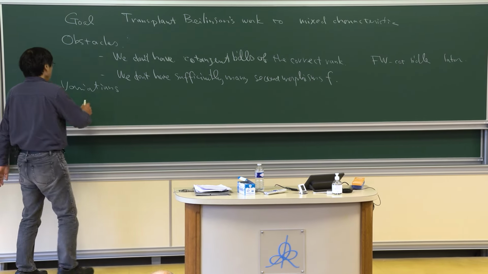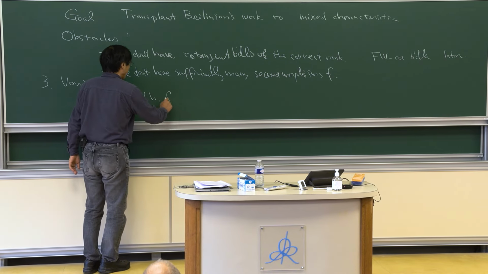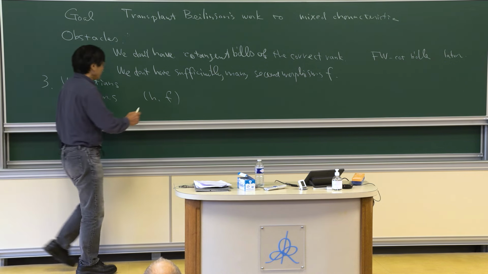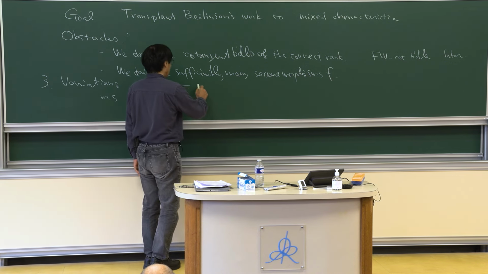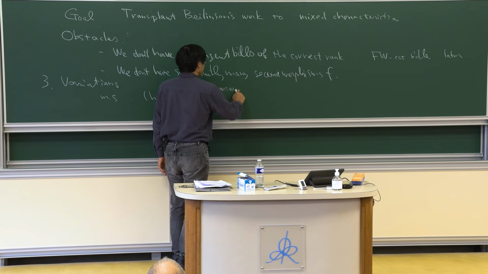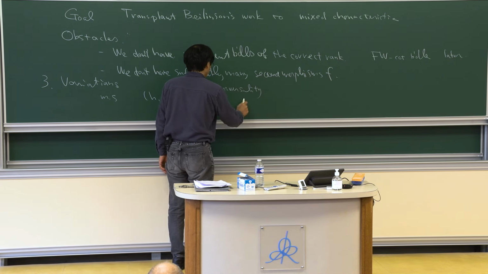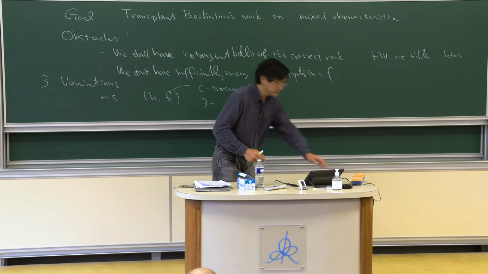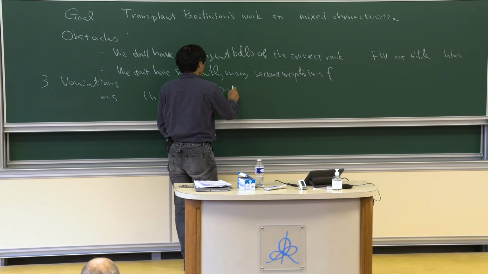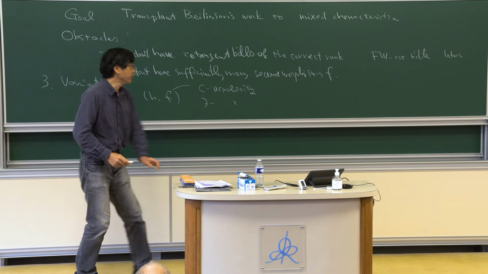So the definition of micro support: we have two morphisms, h and f. For f, we have C-transversality, and also f-acyclicity.